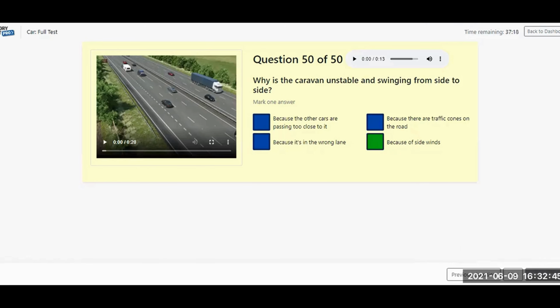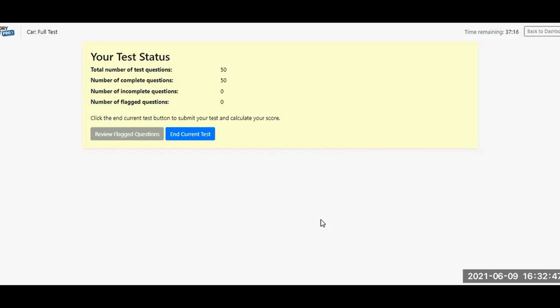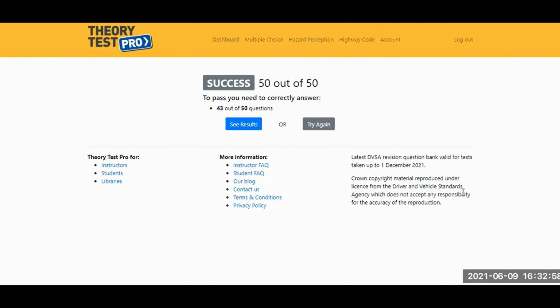Now next we're going to see how many questions were flagged. So far there is no flag, there is no incomplete, and we completed all 50 by 50. Now we end the test, and this test is a success, 50 by 50 answers.